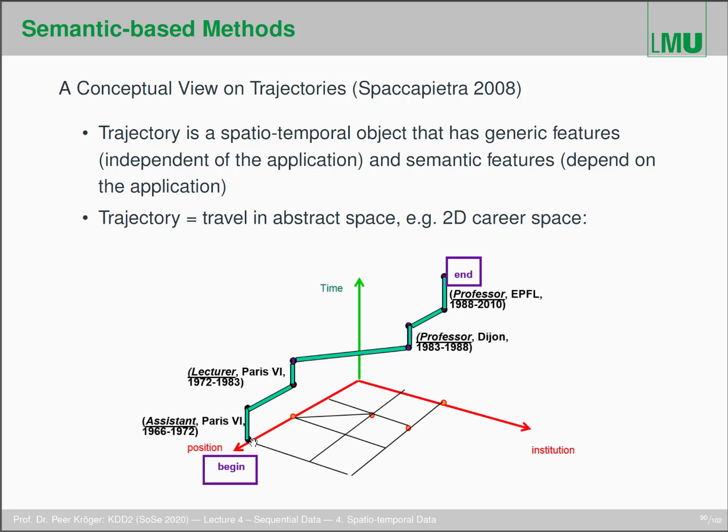So, for example, this person was an assistant in Paris for a given time interval, and then he or she had a different position, but at the same institution, and then the person moved to Dijon and also changed the position, and kept the position then, but moved to Lausanne, and finally terminated the career or whatever.